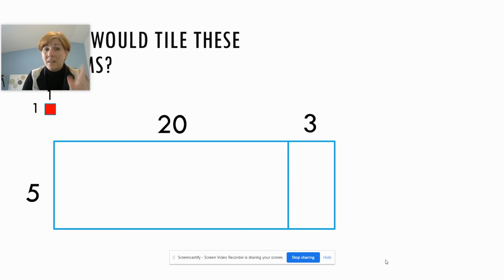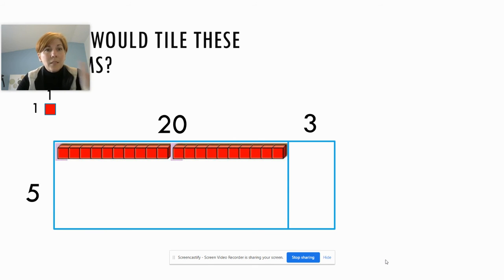And in this rectangle, I only have 5 down. So I don't think I'll be able to use that biggest 100 block in this space. So I'm going to go with the next one that could fit, and that would be the rods. Okay, because I definitely don't want to use the ones for this.